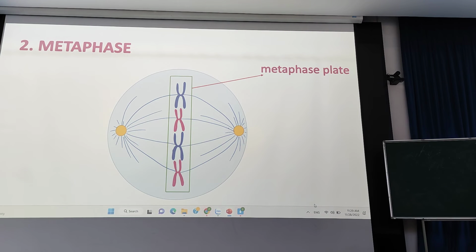So in metaphase, how many chromosomes? Uh, 92. 90? Chromosomes 92? No. 46. It's still 46 chromosomes, with 92 chromatids.